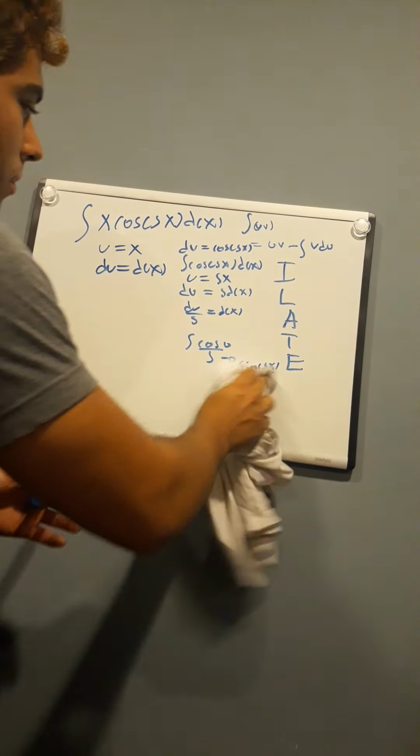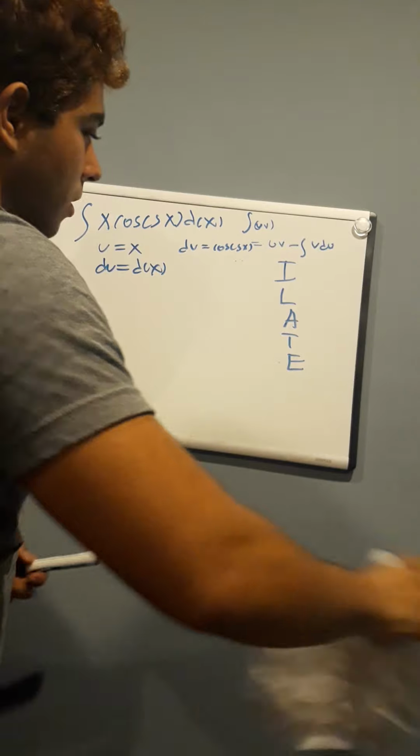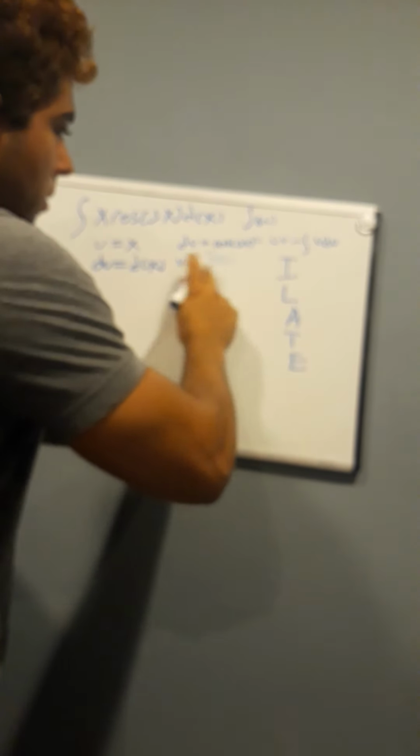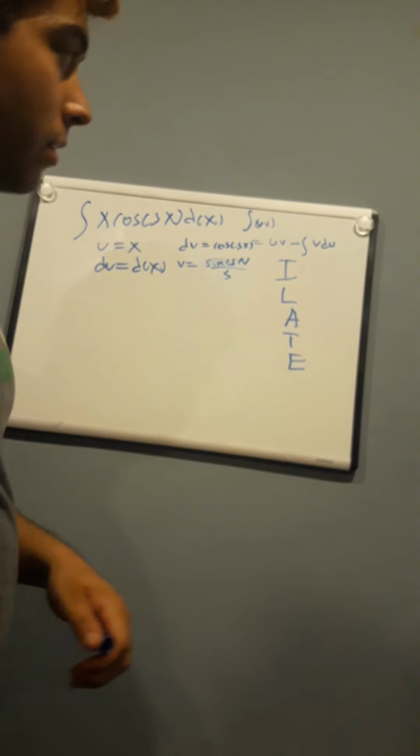So just to go ahead and shorten this, v is equal to sine of 5x all over 5. We apply this idea.